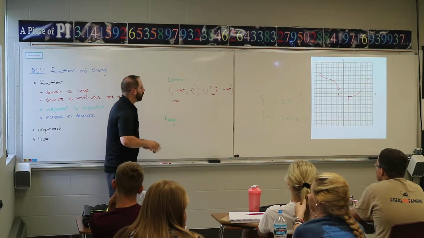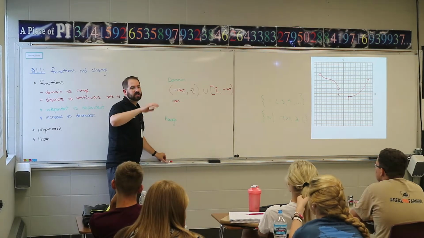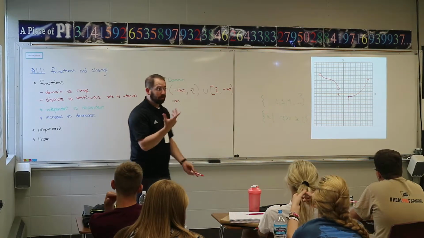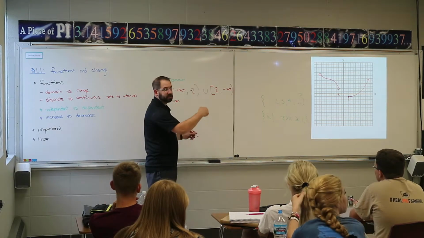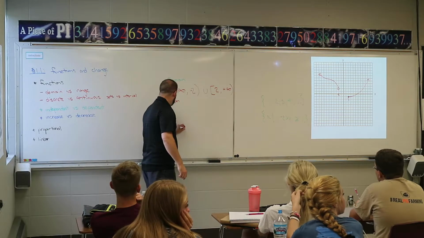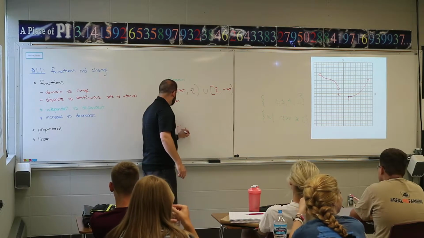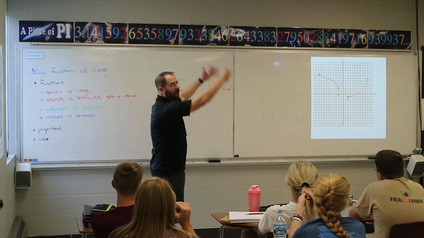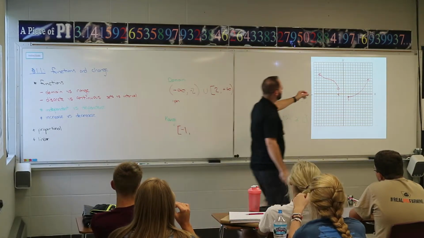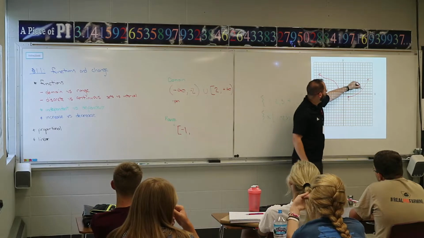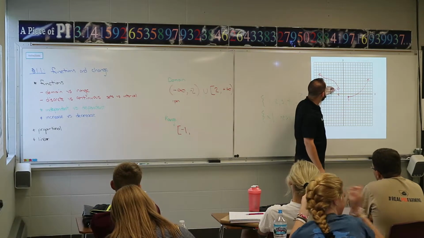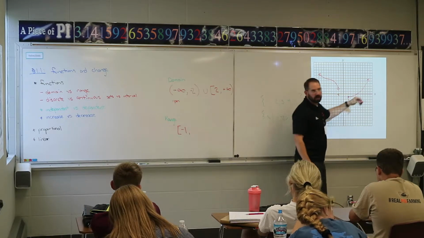Okay, now range, just the range. What's the lowest number on the Y's that I'm hitting? Negative 1. And it looks like it includes it, there was a solid dot there. Negative 1, so I'm having a bracket here, that's the smallest number, and then we're going up towards positive infinity. It's going up. I know there's this weird break in the graph, but over here it was actually filled in. So I'm including all the numbers up, even though that one was open, it was at least filled in over here.